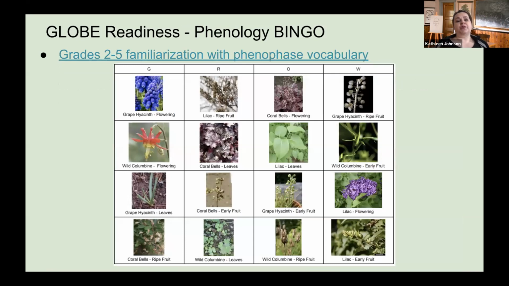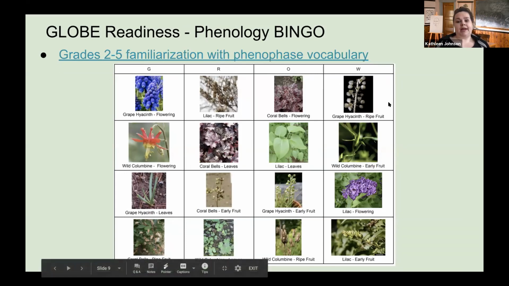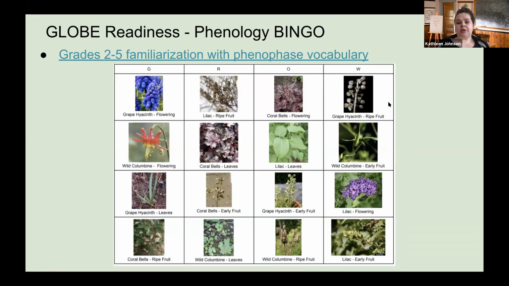Phenology bingo is a really fun readiness activity for familiarization with phenophase vocabulary and also what phenophases look like. So the cards that I have include plants that we've planted in the student gardens, so students can become familiar with what they're looking for when they're looking for these phenophases.